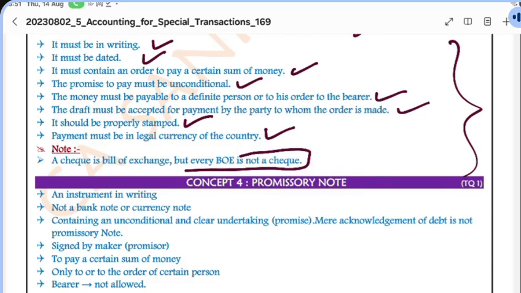Then what is a bill of exchange? A bill of exchange is also an order. A check is a bill of exchange, but every bill of exchange is not a check. Clear? Now, have you understood why he said this?